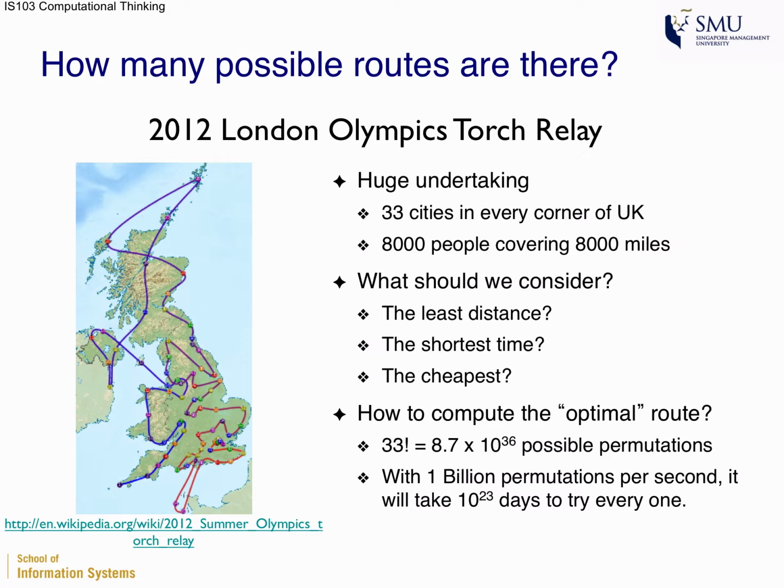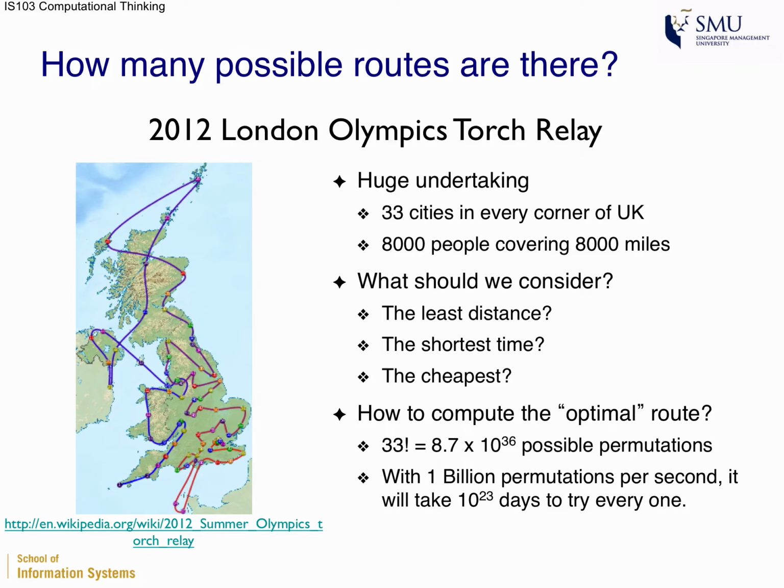If we look at the number of possibilities that we need to examine in order to identify the really optimal answer, and the optimal answer here could be one of the least distance, or the shortest time, or the cheapest, in any case, we need to look at 33 factorial possible permutations. So clearly there are many possibilities there, and we want to be able to characterize this kind of possible answers for the different problems that we are going to be seeing in this course.